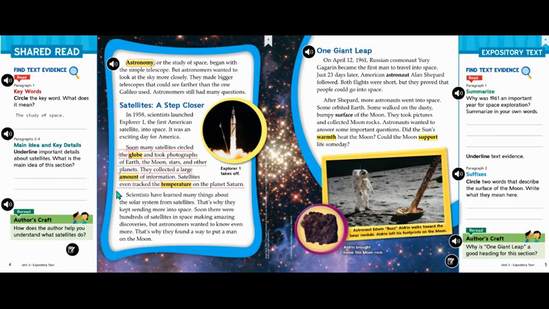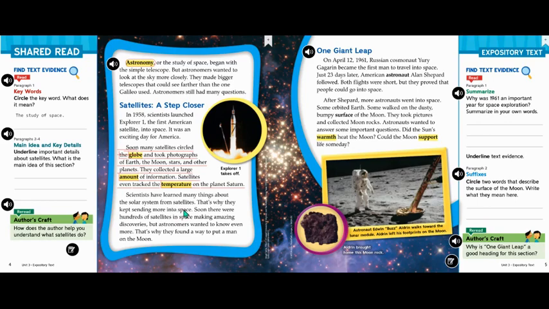So I think we have a good amount of details about these satellites. And what I've learned from these details, and it's even mentioned down here in this third paragraph, is that scientists learned many things about space from these satellites.